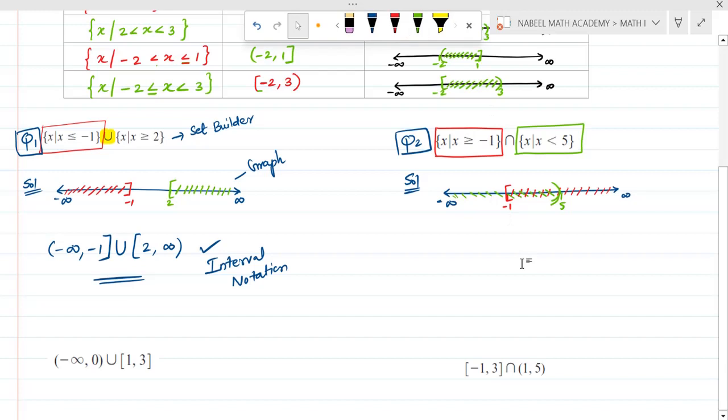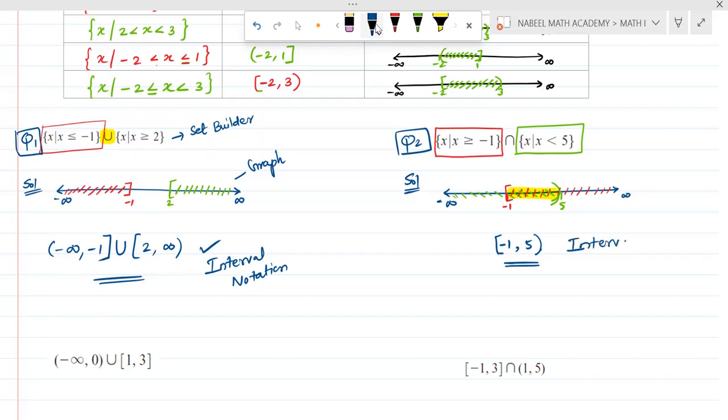So now here we have to find the intersection. Therefore the intersection of these two is this one. So you have to write it here as the interval notation, minus 1 comma 5 open. So this is my interval notation.